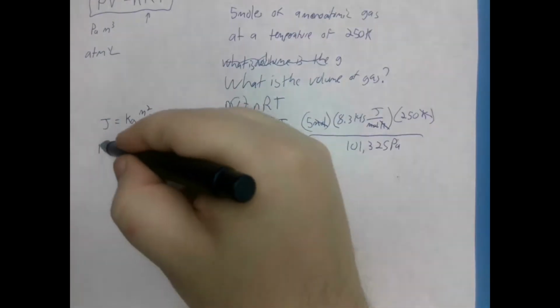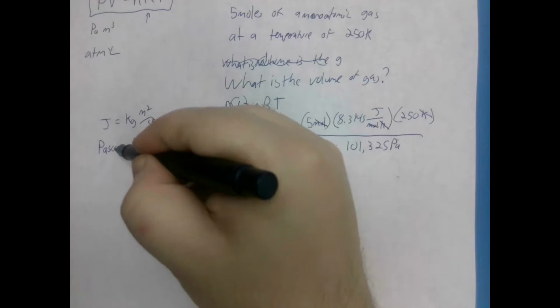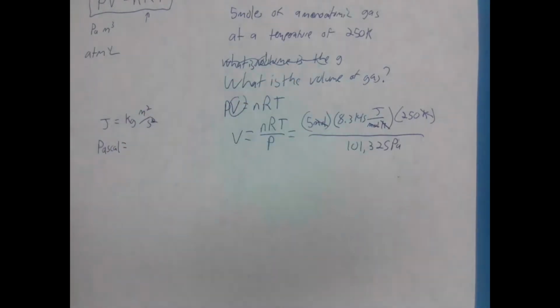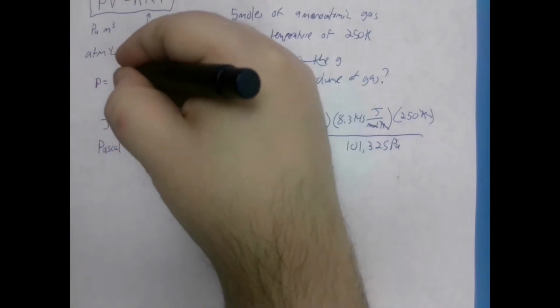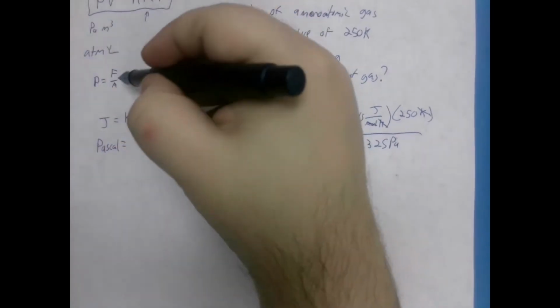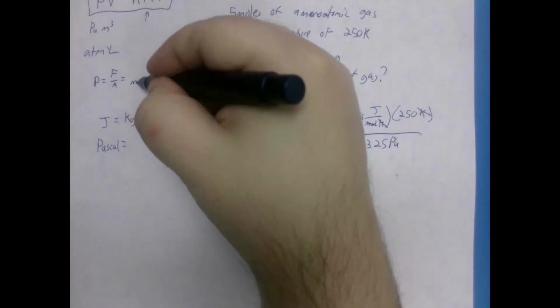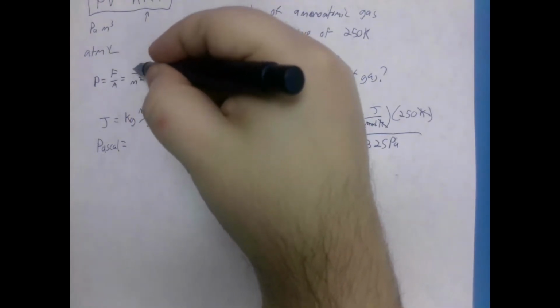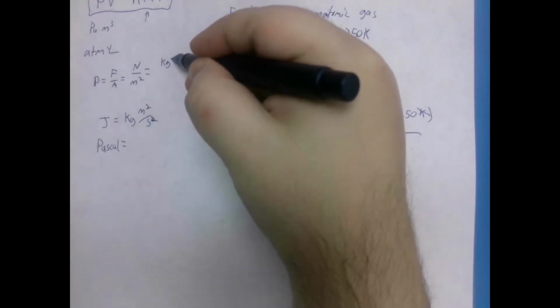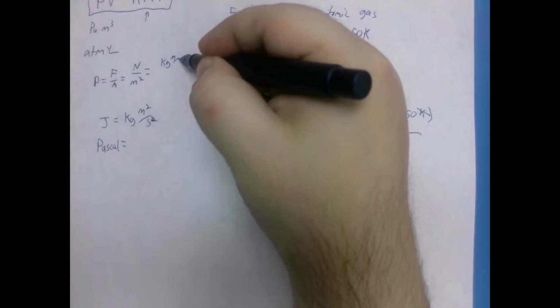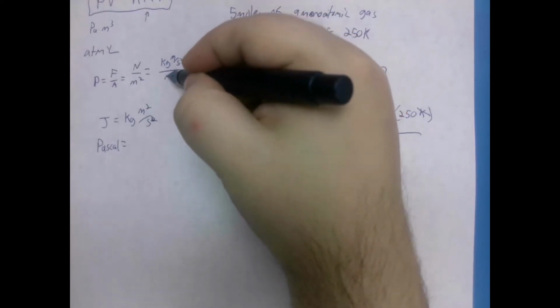And a Pascal is equal to newtons per meter squared, since pressure is equal to force divided by area. A newton is a kilogram times meters per second squared.